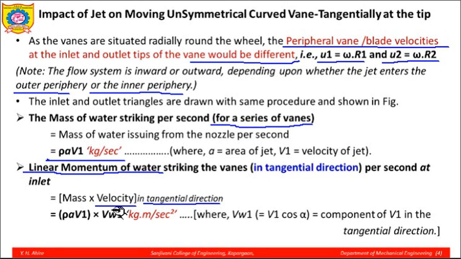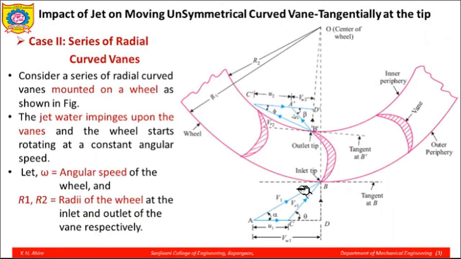Mass is a scalar quantity, but the velocity of a jet is a vector quantity. So this linear momentum is calculated in the tangential direction to the wheel. The tangent has been shown here. This is the tangent at the inlet in this direction, and this is the tangent at the outlet, to the wheel and not to the vane.